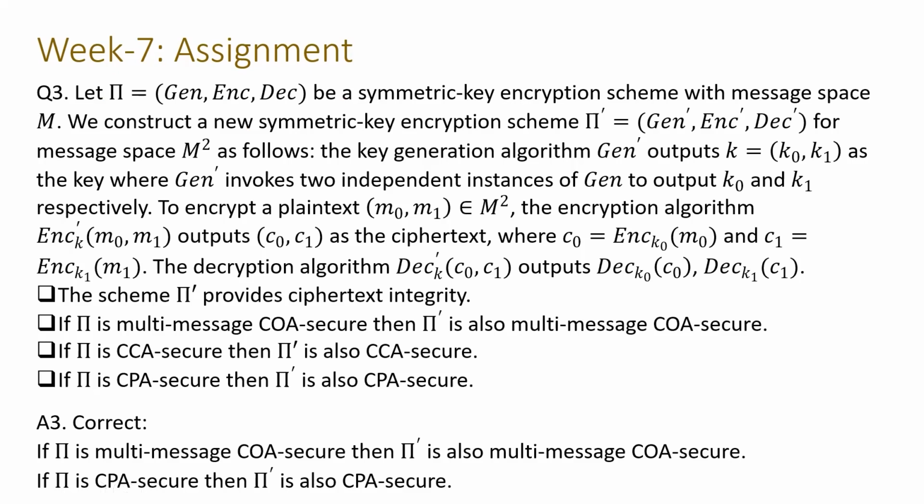So what we argued, just remember that in case of multi-message COA security, the adversary is looking at the public communication channel where, in a single session, the adversary is able to see multiple ciphertext corresponding to multiple plaintext, but they are encrypted using the same key K. That is the case of pi, the basic and secure symmetric key encryption scheme.